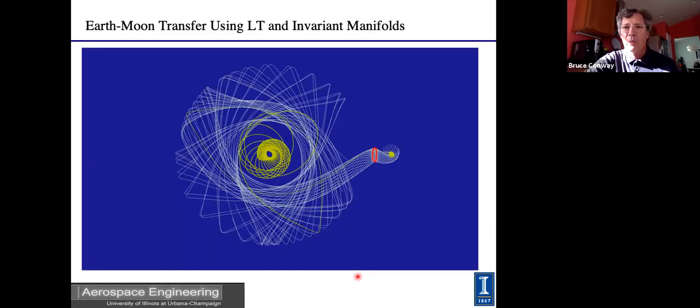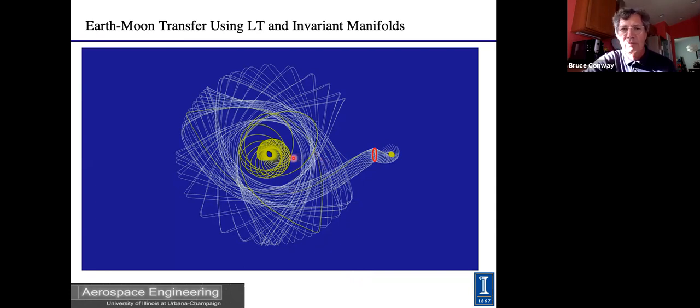The real problem we wanted to solve was this one, which is a low thrust transfer from low Earth orbit to a low lunar orbit using invariant manifolds. You probably know about those. Those are coasting trajectories in the three-body problem.